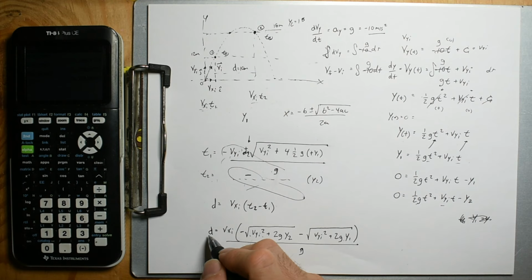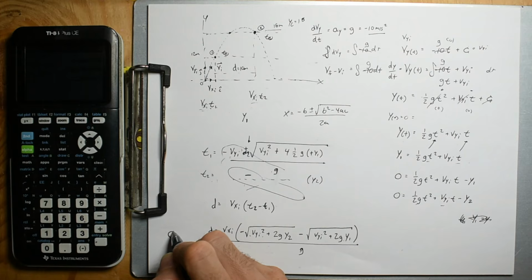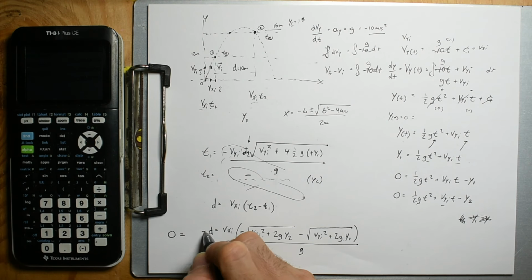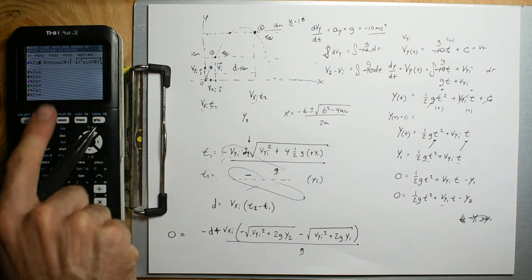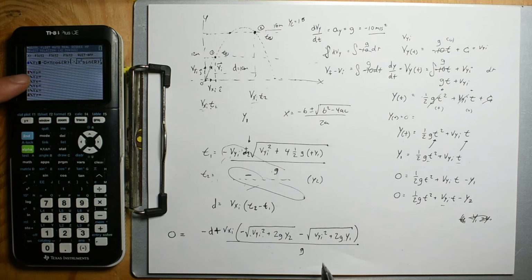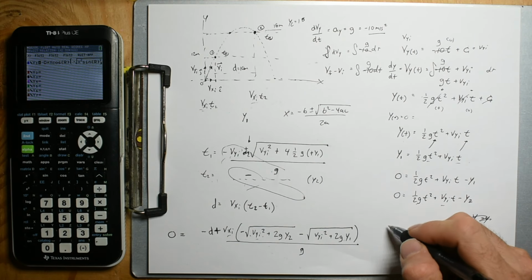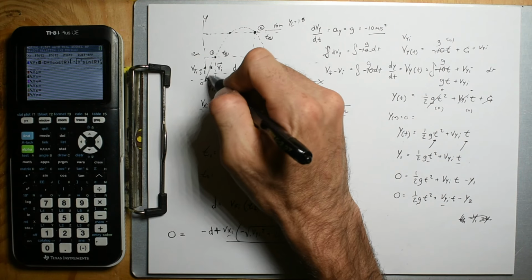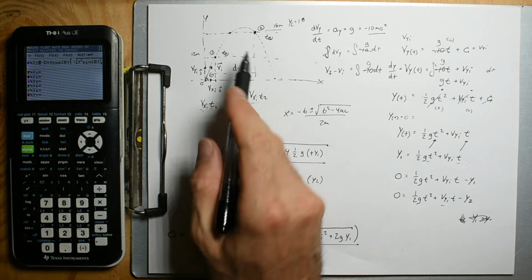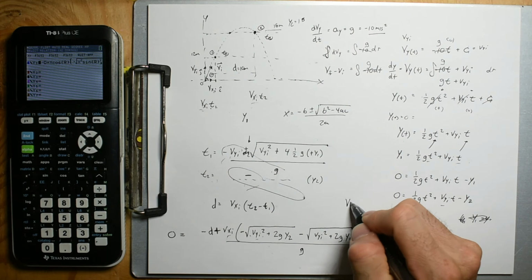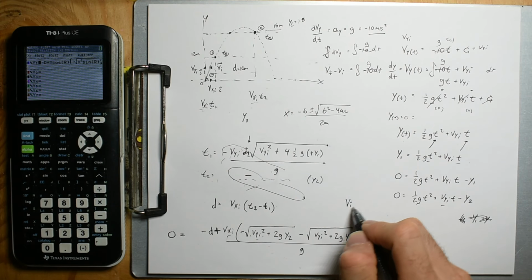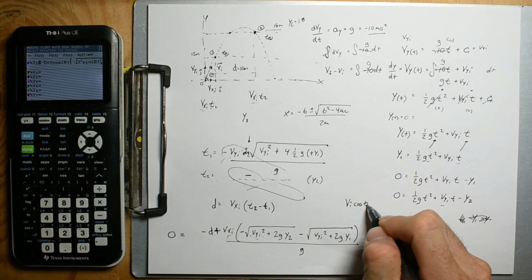So what I did is set this equal to 0 by saying 0 is equal to negative d plus this, and that's what I have in my calculator. And then I said, if this is the x component and this is the y component, and I have an angle theta, then the x component is v initial, whatever the magnitude is, cosine theta.